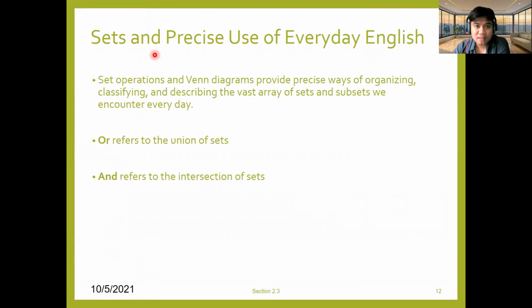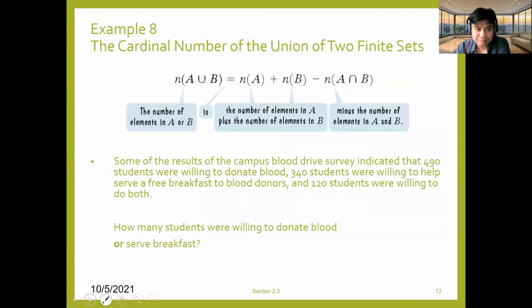So set and precise use of everyday English. So set operations and Venn diagram provide precise ways of organizing, classifying, and describing the vast array of sets and subsets we encounter every day. Or refers to the union, and N refers to the intersection of sets. So we have here example number 8, the cardinal number of the union of two finite sets.